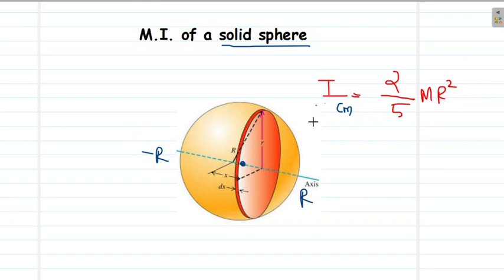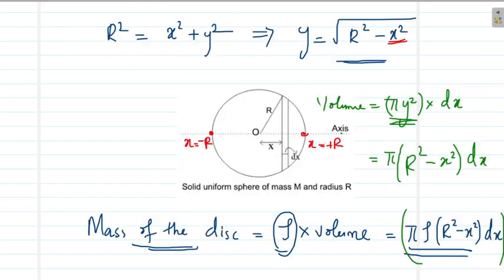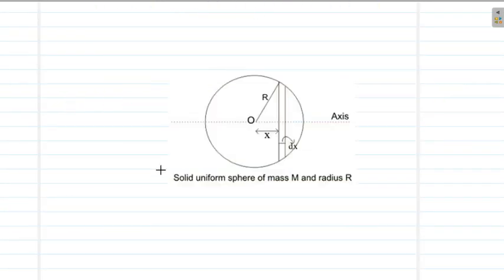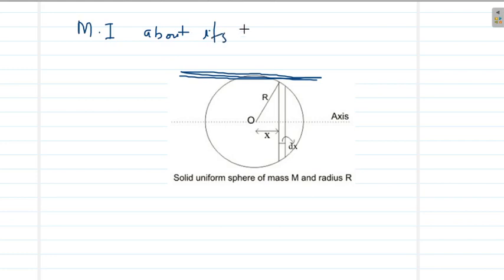So now, having obtained this equation for the moment of inertia corresponding to the axis passing through the center, it is quite easy to find the moment of inertia for an axis passing through the tangent of the sphere. So moment of inertia about its tangent. For that, you may use the parallel axis theorem.